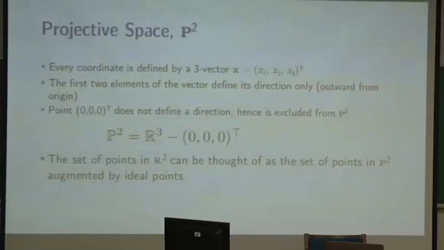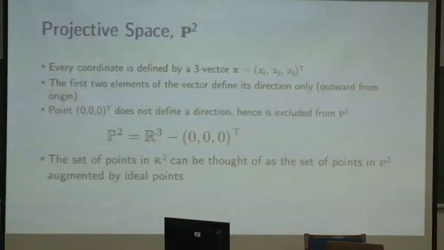Because ideal points were not there in R2. So there are 2 ways that I can think of P2 in my mind. I can think of P2 as all length 3 vectors except for origin. And of course as points, there will be multiple representations of a point in this. Or I could say all the points written as 3 vectors and the ideal points. Because the ideal points were not in R2.